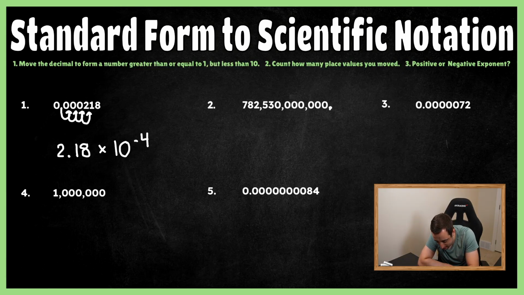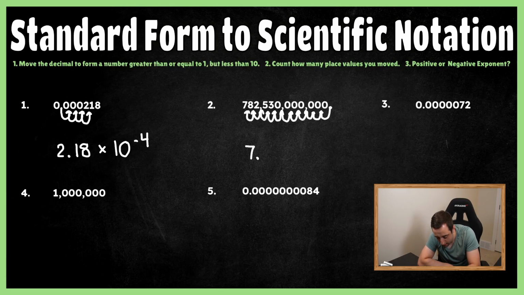So we're going to move it once to the left this time, twice, 3 times, 4, 5, 6, 7, 8, 9, 10, 11, and we finally end up getting a value that is in our range.